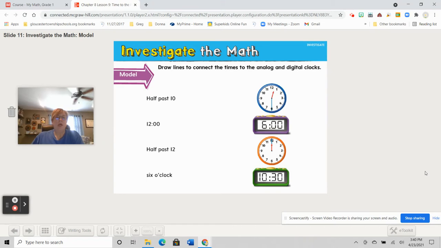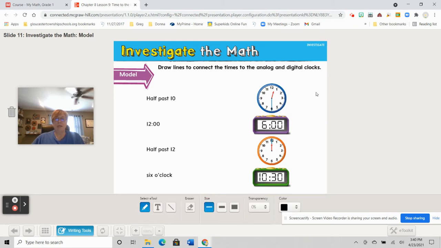All right, let's go to our next problem here. They say draw lines to connect the times on the analog and digital clock. Okay, so we're going to call this clock, to make it easier for us, number 1. This one is number 2.